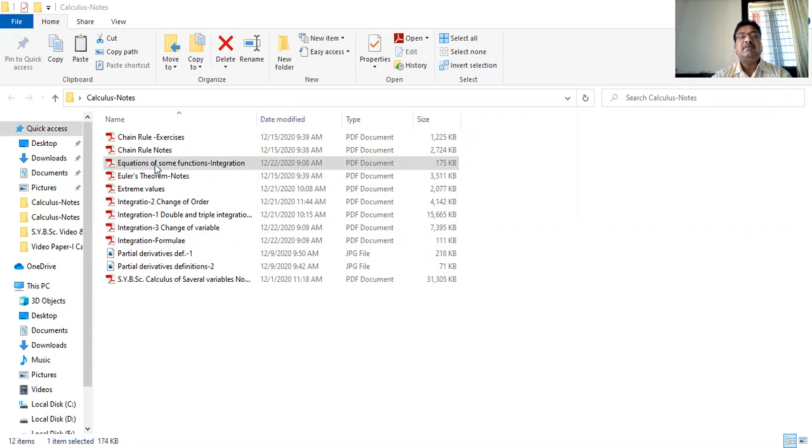Suppose this is the equation of a straight line: ax plus by plus c is equal to 0. This is the general form of the equation of a straight line. y is equal to mx plus c is the slope intercept form, and y is equal to mx is again the slope intercept form, but if the constant term is not present, then the line passes through the origin 0, 0. So these are the forms of the equation of straight lines.